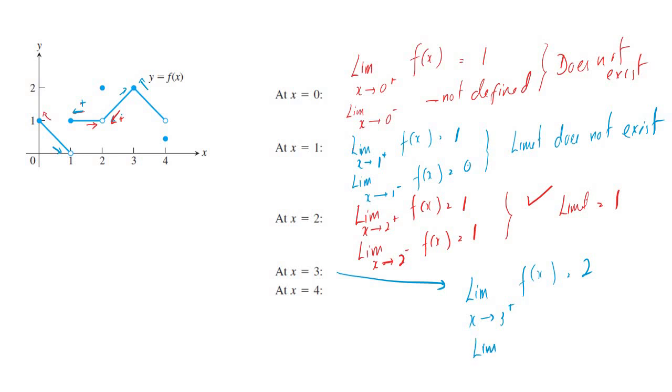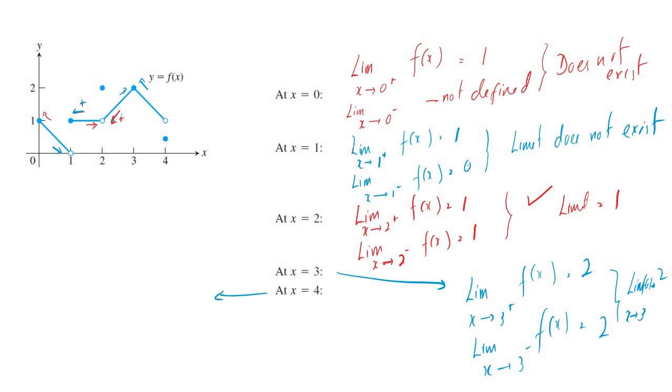So the limit as x tends to 3 from the negative side is also equal to 2. Since they are equal, we say the limit of f(x) as x tends to 3 is equal to 2.